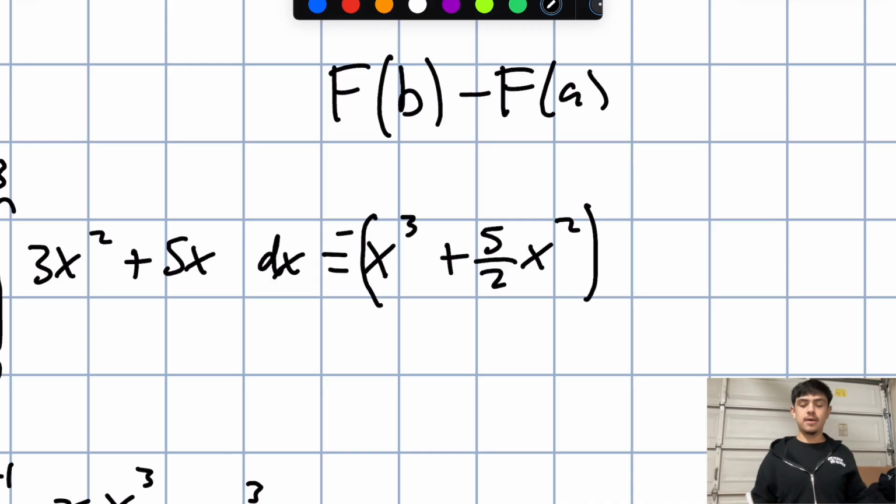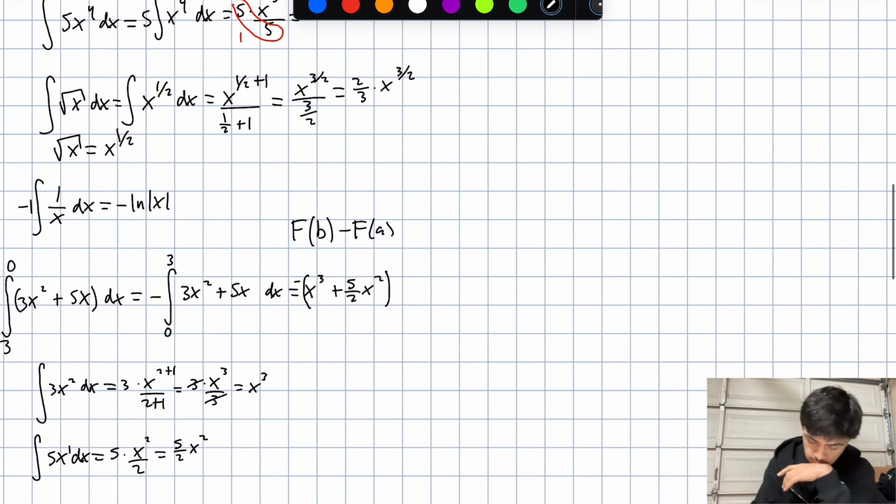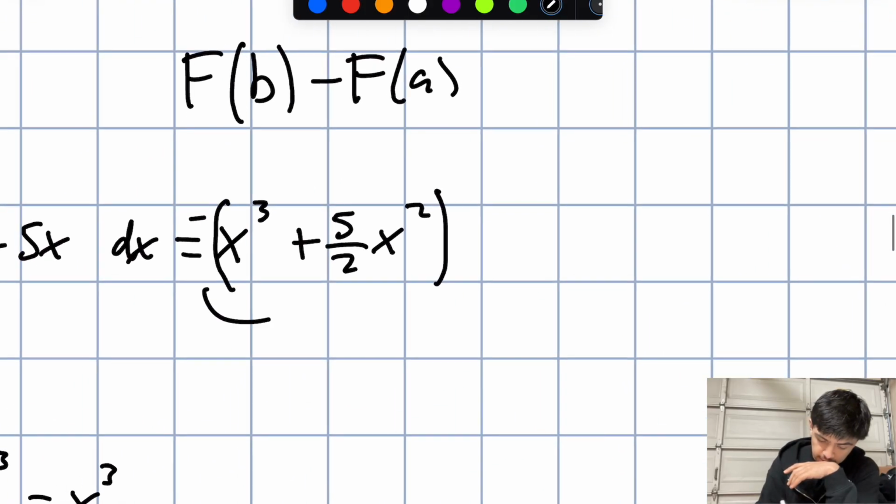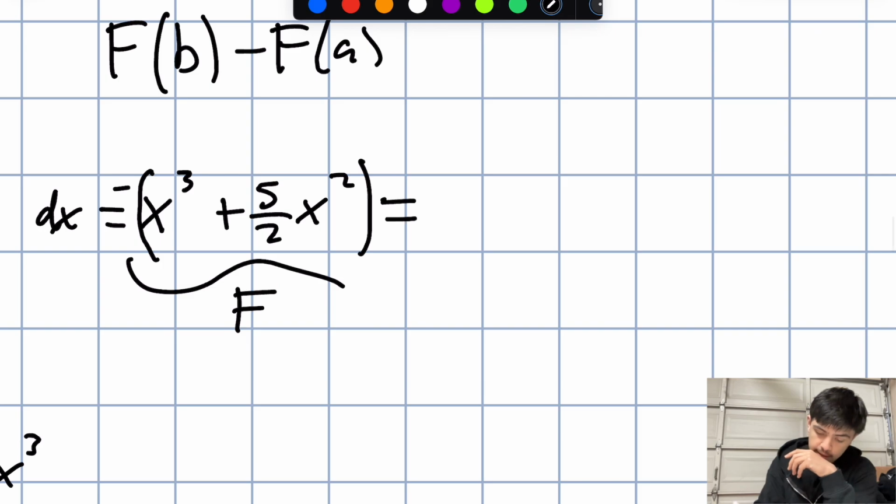Let's do this now. So this whole thing right here is our F. The usual notation for evaluating is a bracket or a straight line with our bounds 0 to 3.